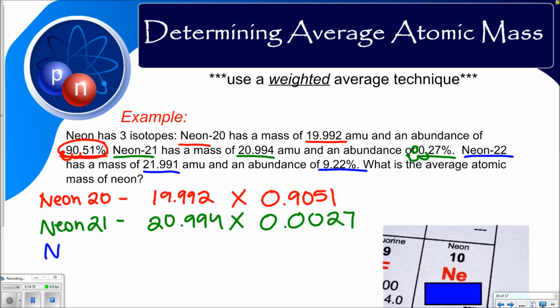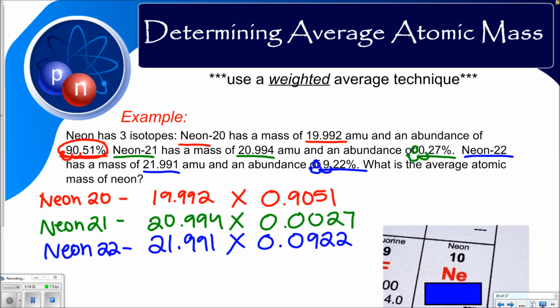And then the last one, which is neon 22. Its mass is 21.991 AMU, and its abundance is 9.22%. Divide by 100, and I get 0.0922.